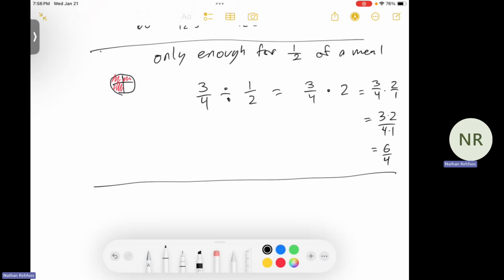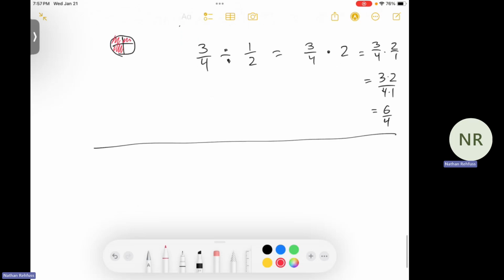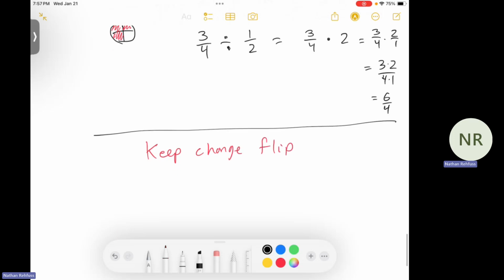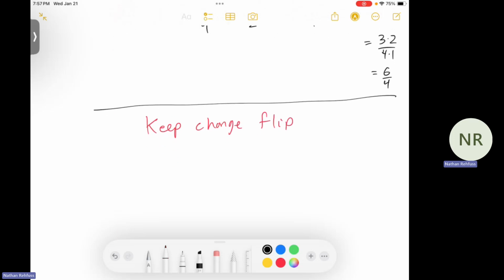This leads us to the fastest way to divide fractions, a trick you've probably heard before, called keep, change, flip. Let's say I had 7/8 of a pizza, and that was enough for 3/4 of my meal.